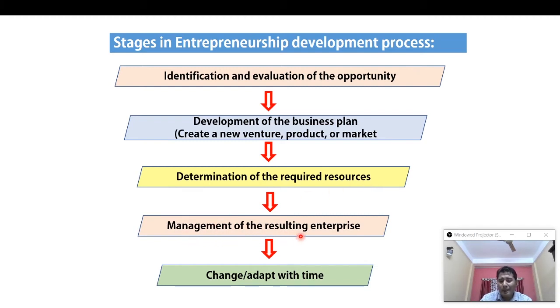Then comes the management of the resulting enterprise. Once everything is there, we go for the production of the goods. Once the goods are produced, we need to look for the outcome of this business, managing the product. So first and foremost, we need to think about the promotion of our product in the market.